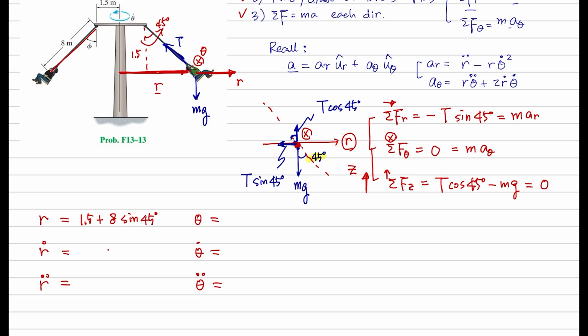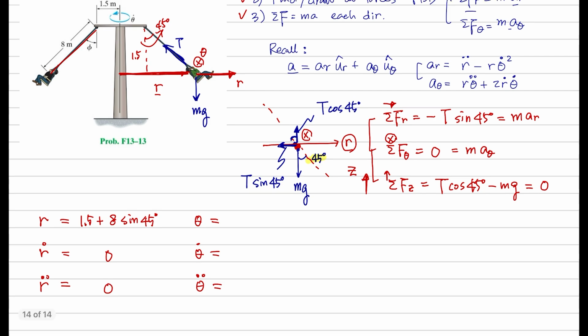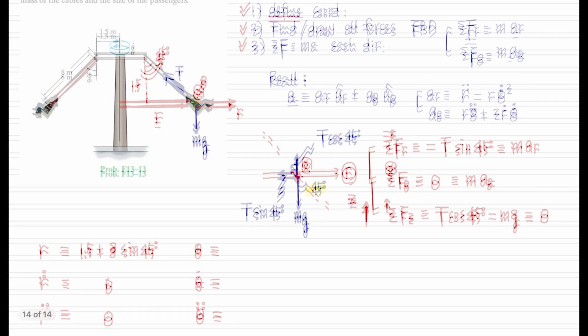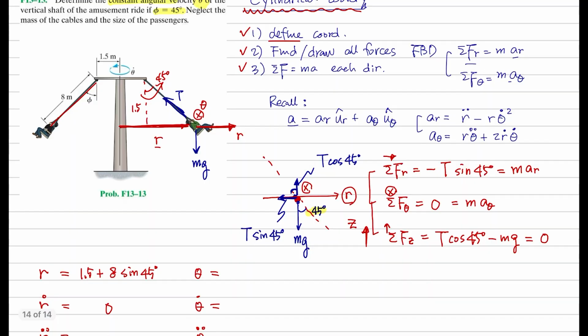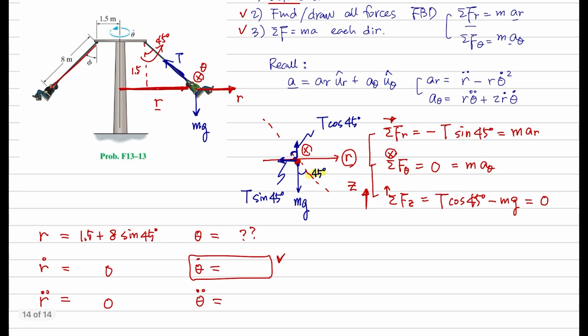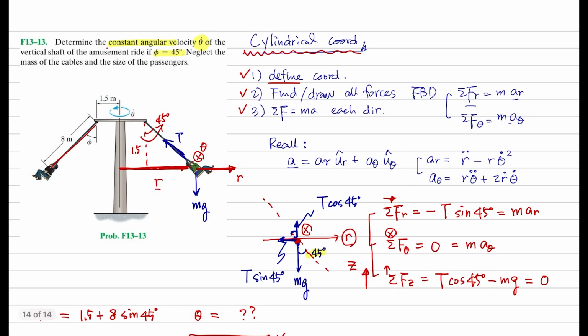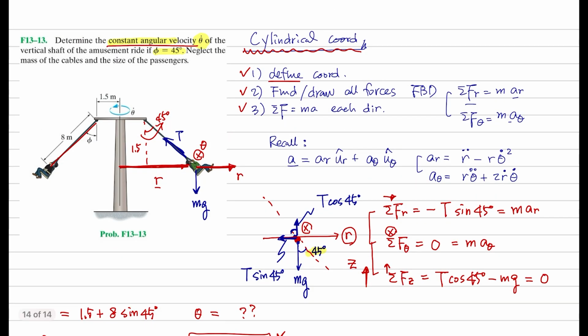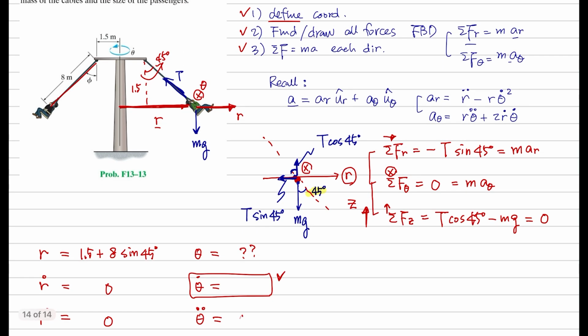And r dot and r double dot are actually 0 because it's a constant. For theta, we don't know. It's not given. It's just at a certain point, so we're not sure. And theta dot is something we need to find out, right? And theta double dot, it says it's constant angular velocity, so this is going to be 0.